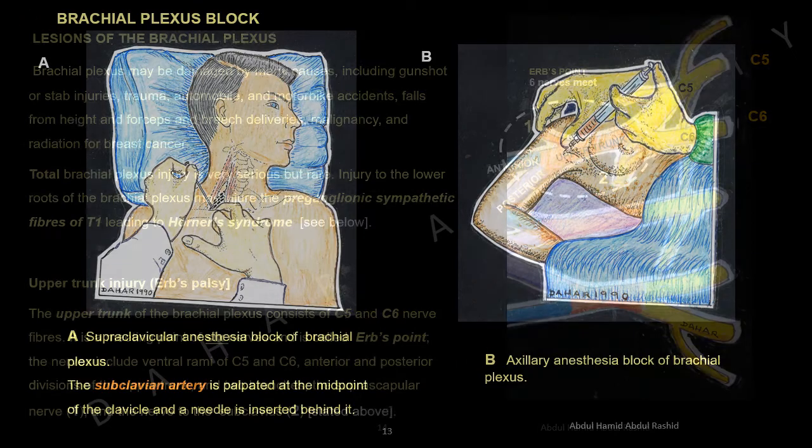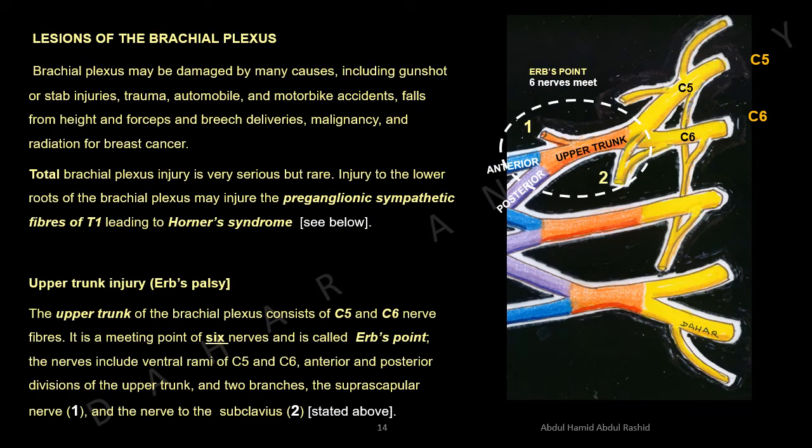Lesions of the brachial plexus, that is, brachial plexus nerve injury. The brachial plexus may be damaged by many causes, including gunshot or stab injuries, trauma, automobile and motorbike accidents, falls from height, forceps and breech deliveries, malignancy, and radiation for breast cancer.